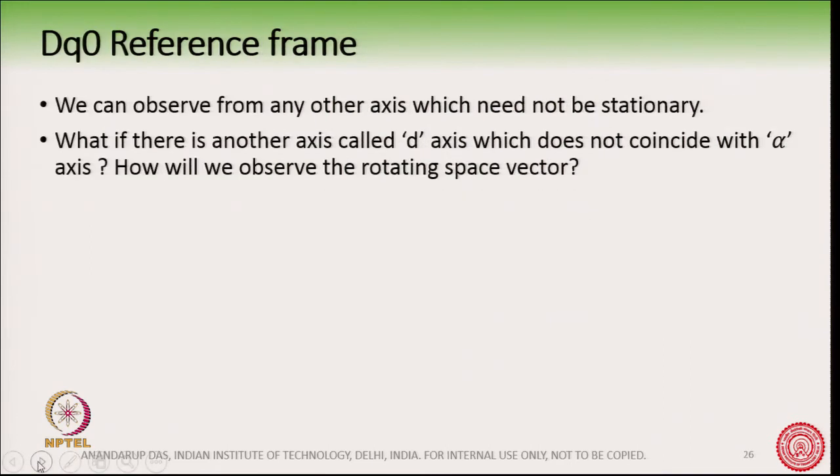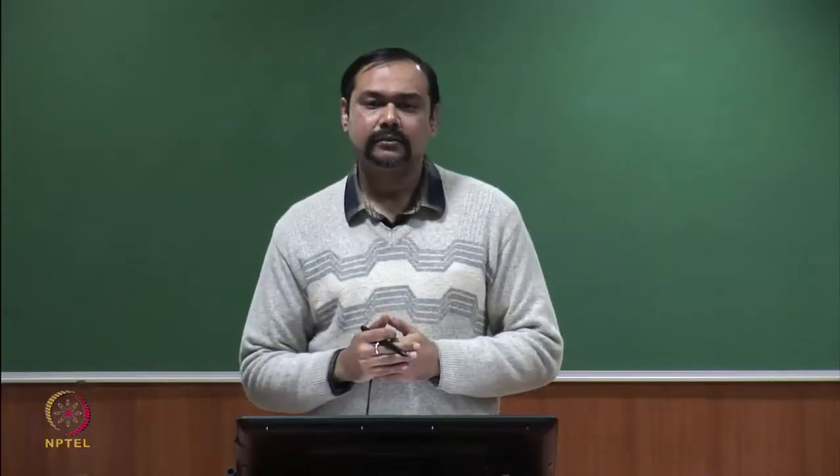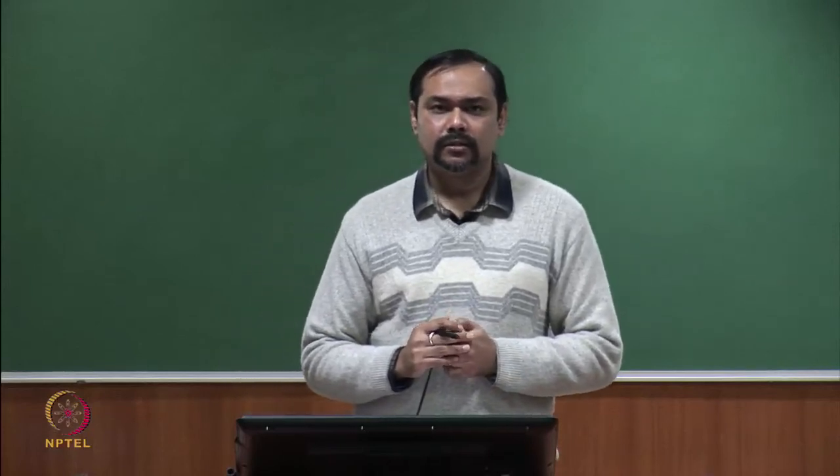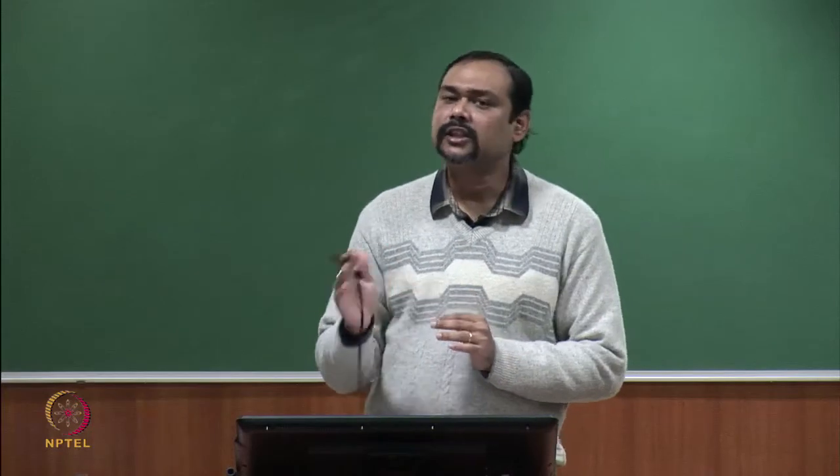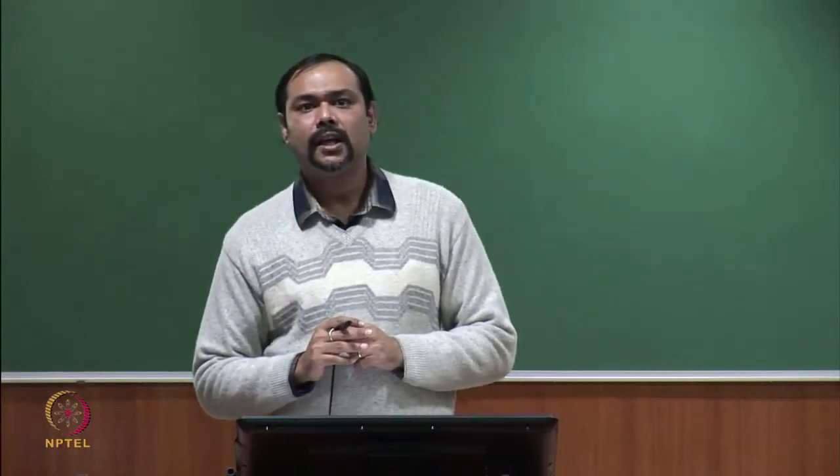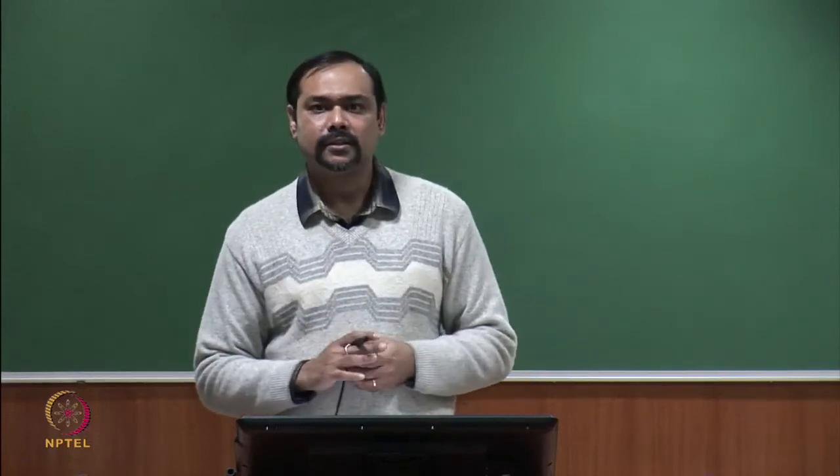Now, what if there is another axis which is somewhere else, not coincident? The alpha axis is coinciding with the A axis. What if there is an axis which does not coincide with the alpha axis, and what if this axis is rotating, it is not fixed?